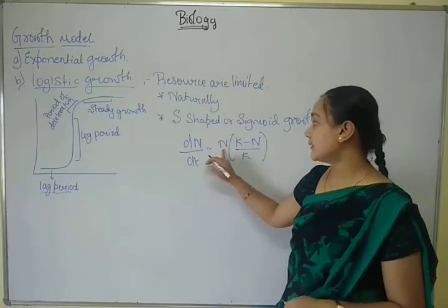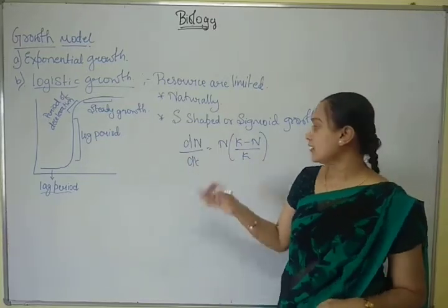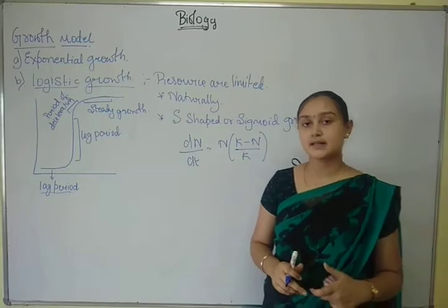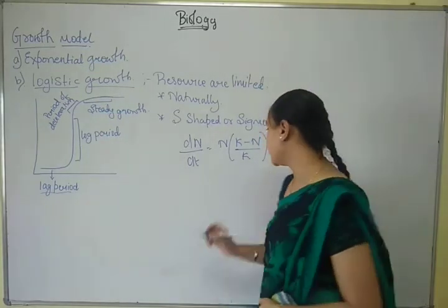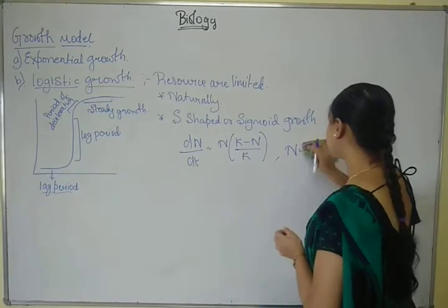Here dN by dt is the growth rate, and N represents the size of a population, that is the population size.